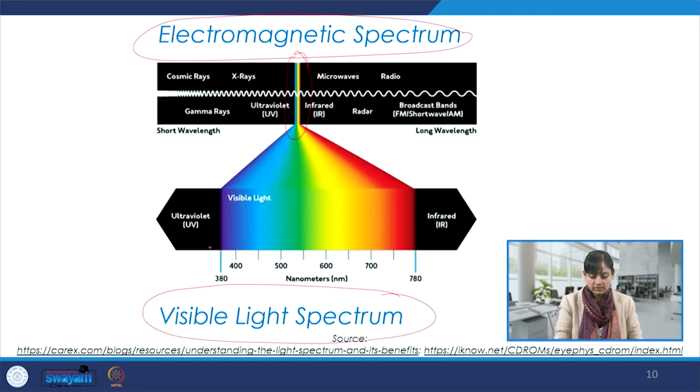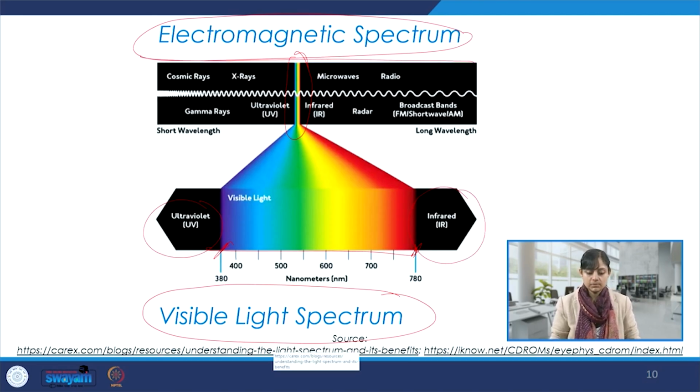We have visible light from this nanometer to this nanometer, and towards the left it is UV, and this side it is infrared. In this broad spectrum we have cosmic rays, X-rays, radio and broadcast bands, and so on. And this portion over here is the visible light.